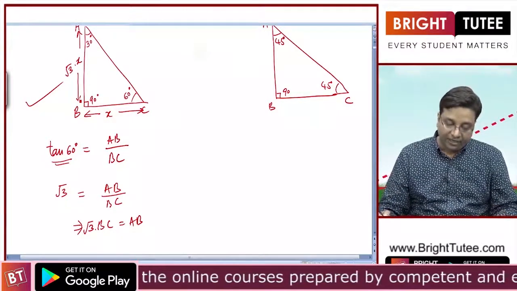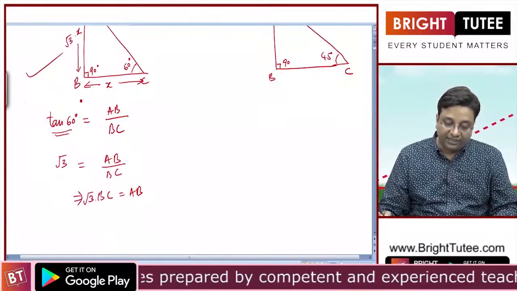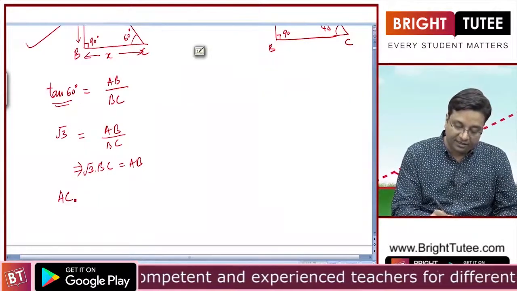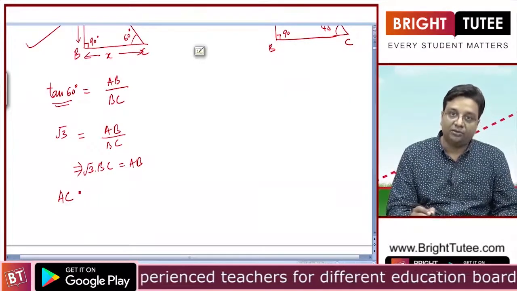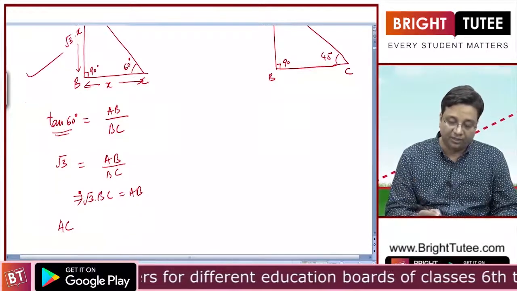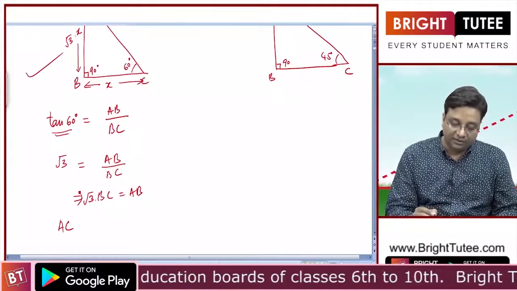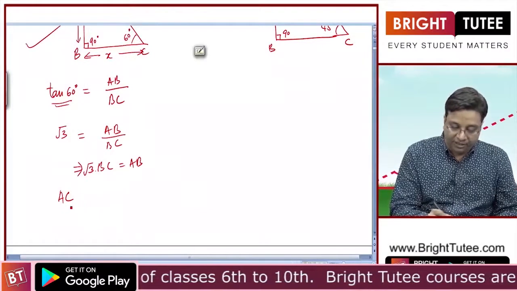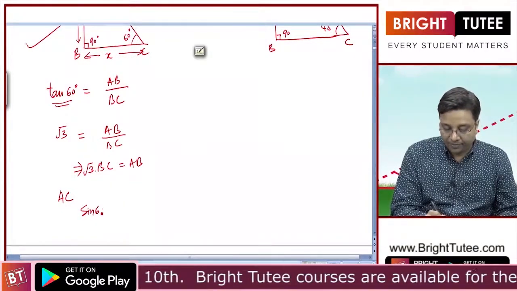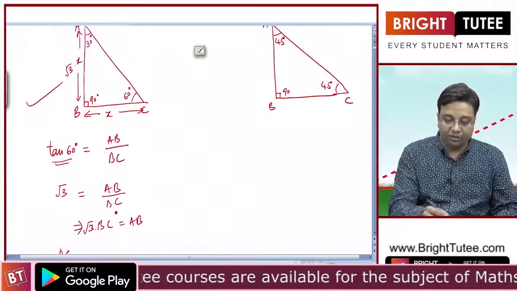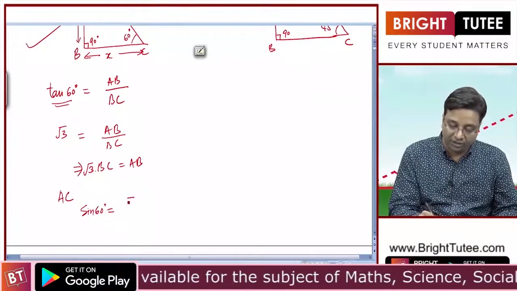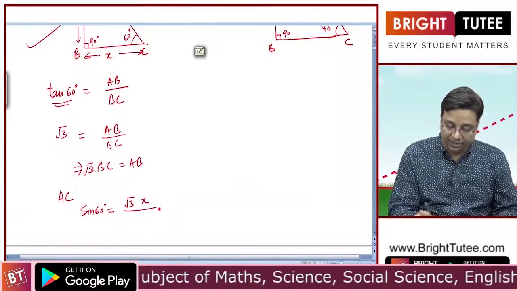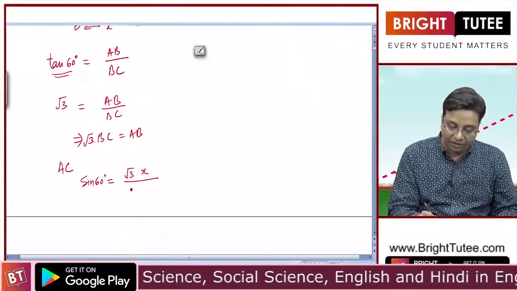right? And what can you tell me about AC? For AC, you can apply the Pythagoras theorem or you can apply some other trigonometric ratio like sine 60. What is sine 60? Sine 60 is opposite by hypotenuse. What is the opposite side here? Root 3x and hypotenuse is AC.